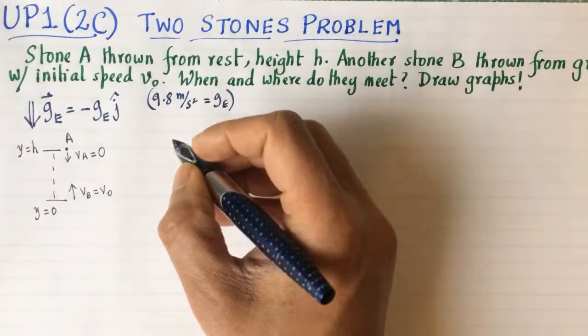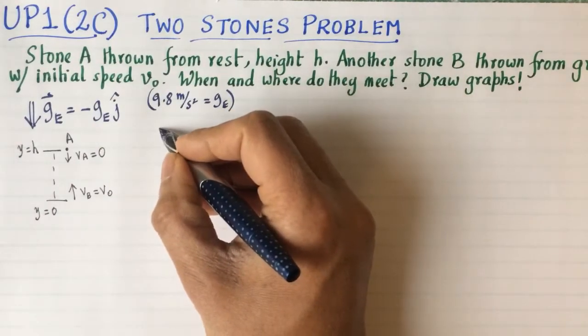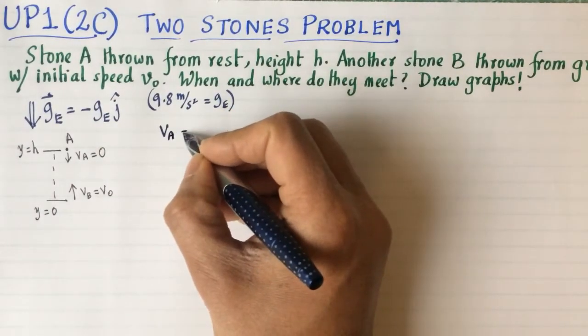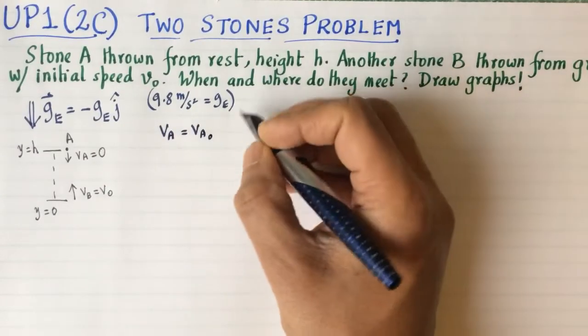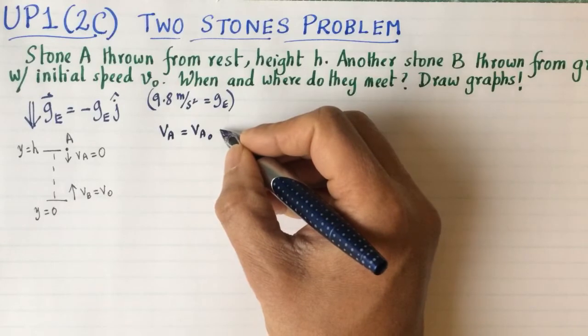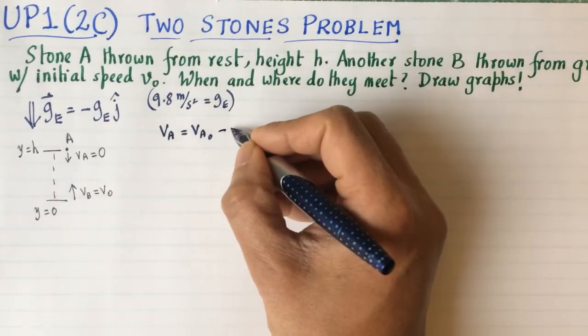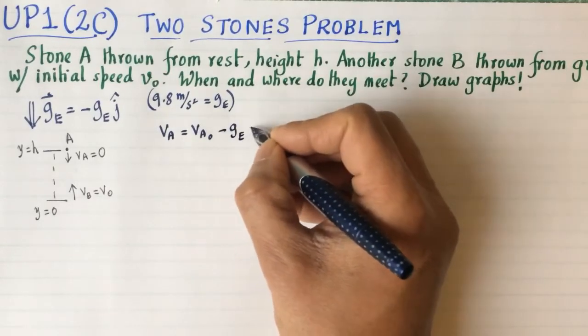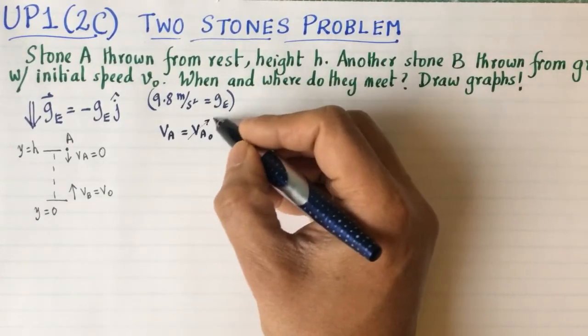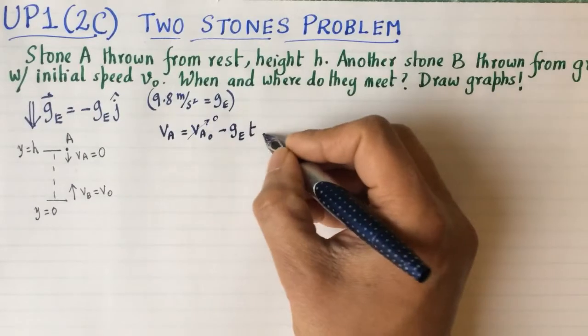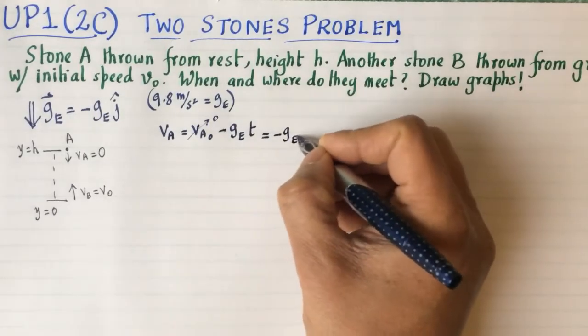The kinematical equation for the stone A is as follows. vA is vA0 plus acceleration times time. Well, the acceleration is just negative g sub e, and the initial speed is 0, so that's just equal to negative g sub e times the time.